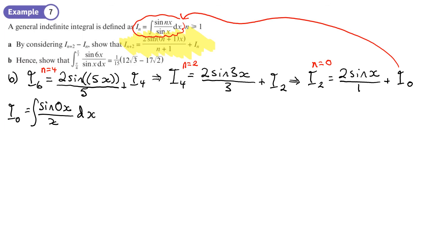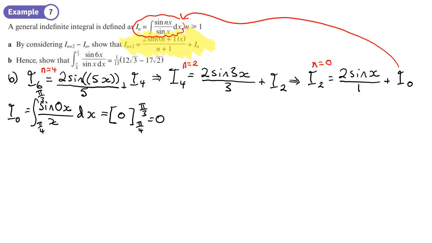Now we've got limits of pi over 3 and pi over 4, so we can evaluate this. Doesn't matter what the value of x is, we're going to end up with sine 0. So we'll end up with 0 between the limits of pi over 3 and pi over 4. So it's just 0. So we've got now the value of I0.